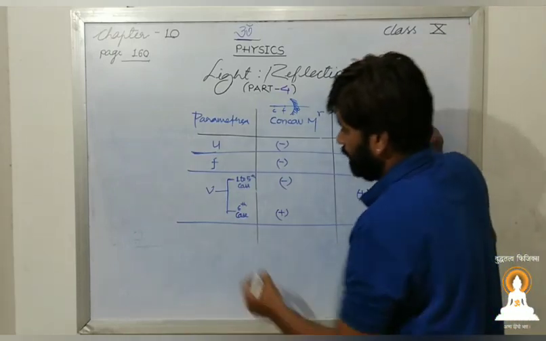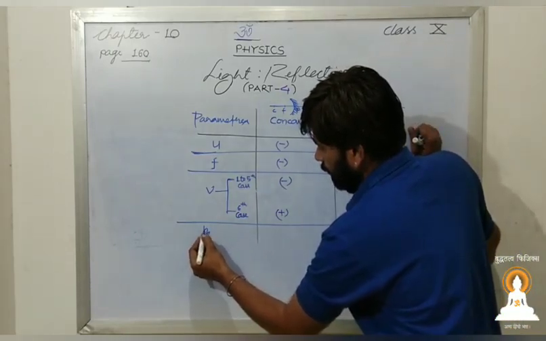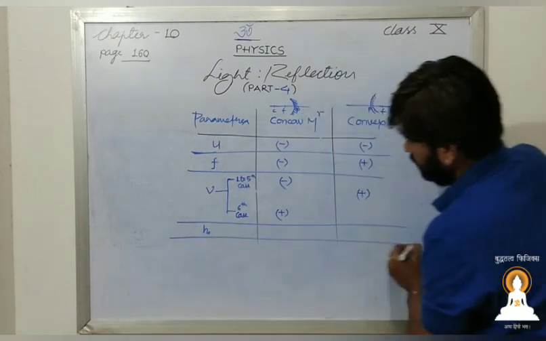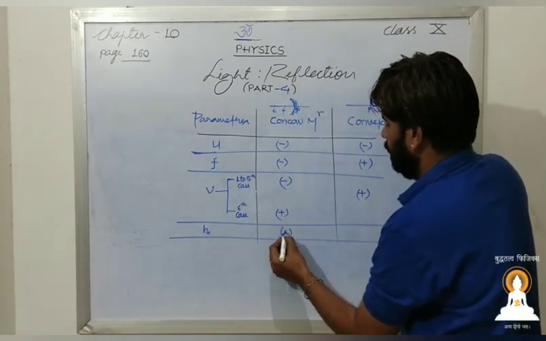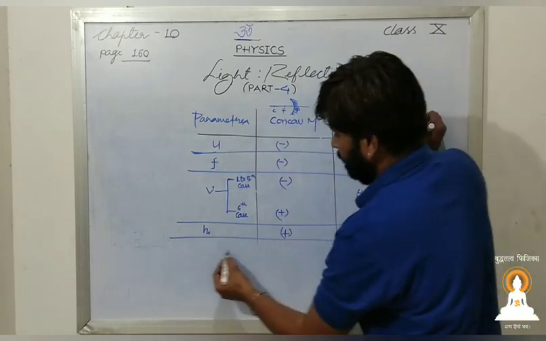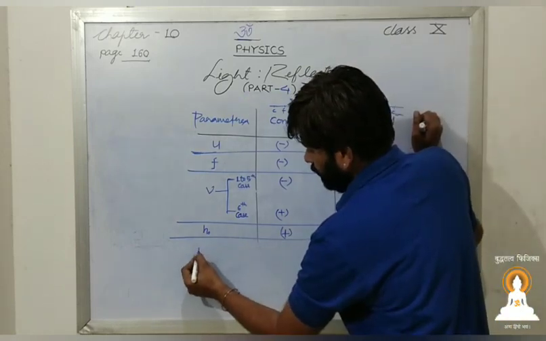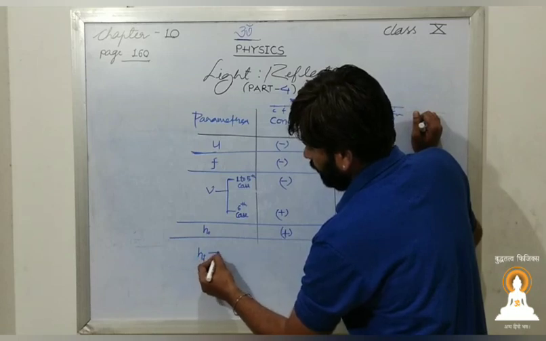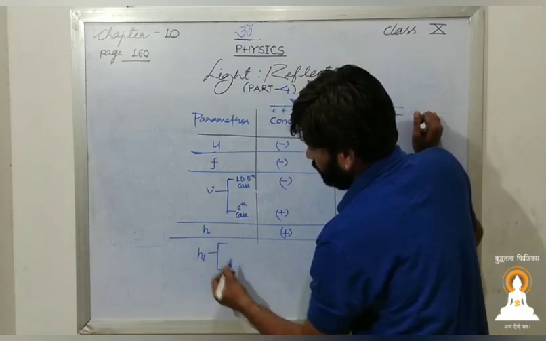Okay, then height of object, it will always be positive, and here also it is positive in general. Okay, then height of image, again we are going to have two cases.